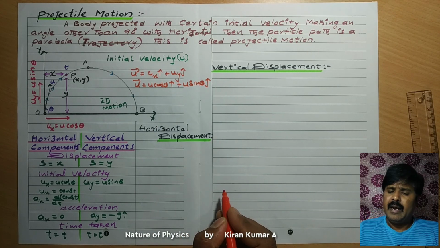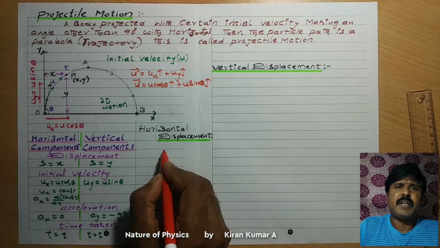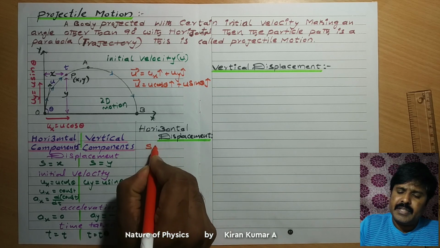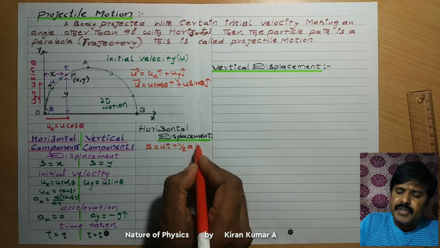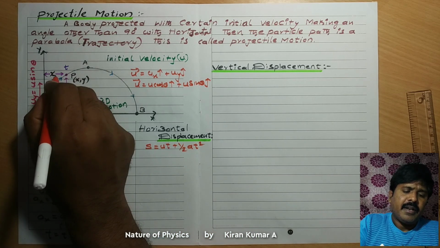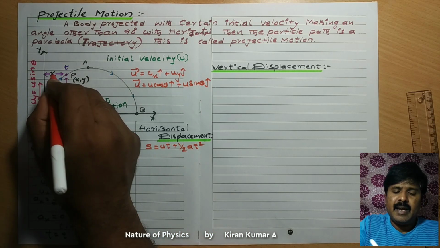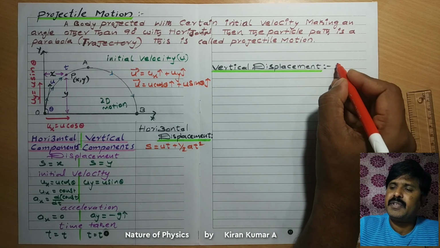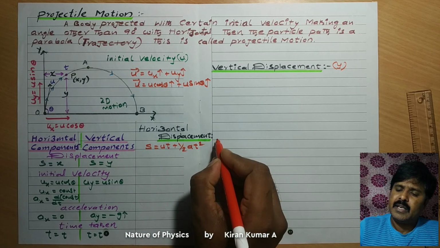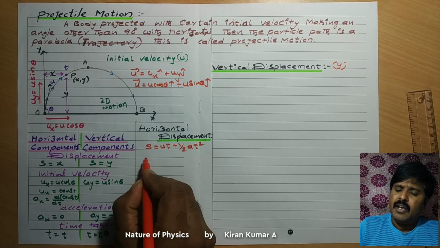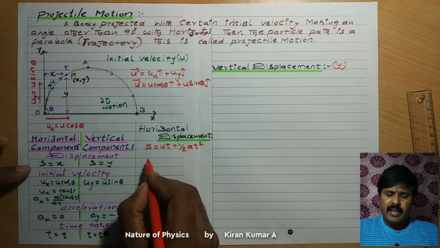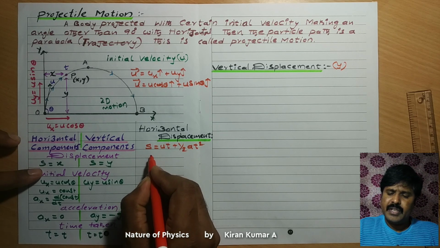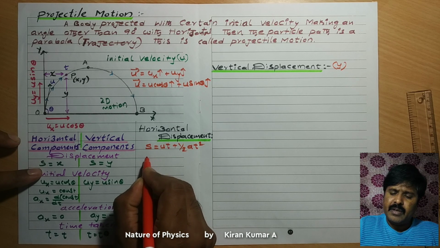Okay students, and continuing with the horizontal displacement, the basic equation is s is equal to ut plus half at square. See, the horizontal displacement is x and this is the vertical displacement y. I already gave the values clearly here, so again I don't want to write them. S is equal to x.